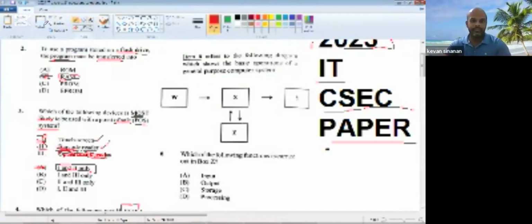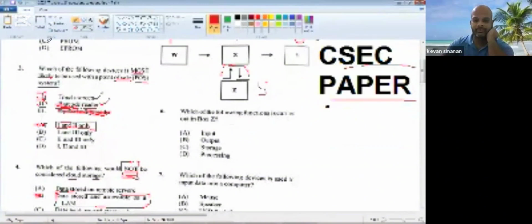Essentially, W will be input, X would be process, Y would be the output, and S would be storage. Now, how you know S is storage is because you will have the double arrows going back and forth, because X would be writing to Z when it is trying to store information, and then the storage would feed back into the process. So that is our indication of Z being C, storage.